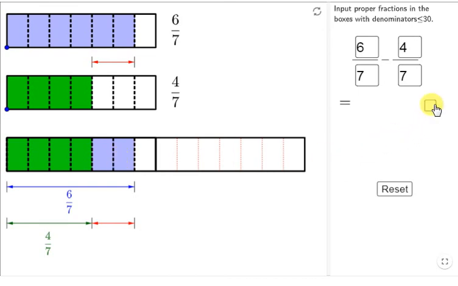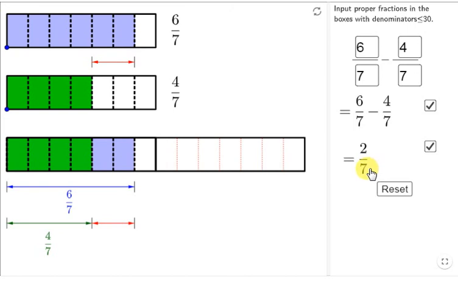So the answer should be 2/7. So you can easily subtract fractions: if the denominators are the same, simply subtract their numerators, like 6 minus 4 equals 2, and keep the denominator as it is.